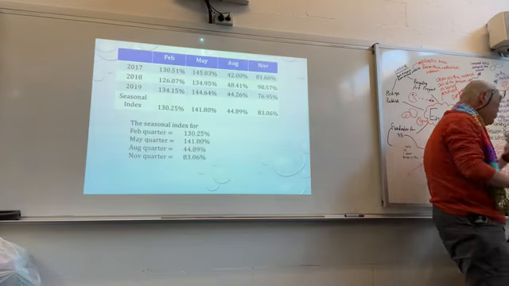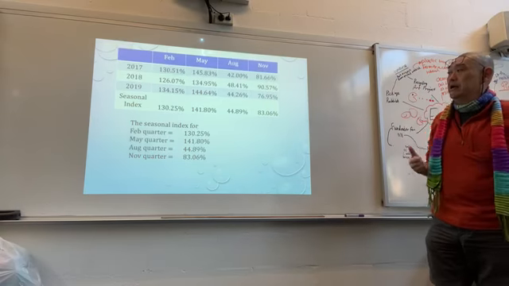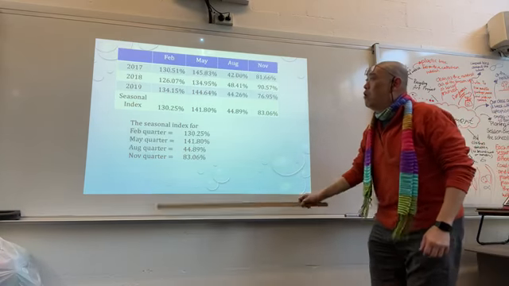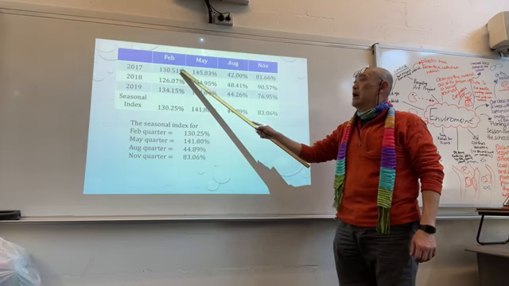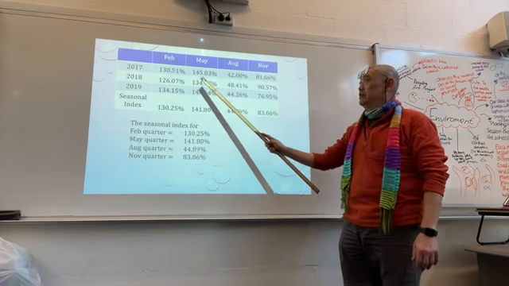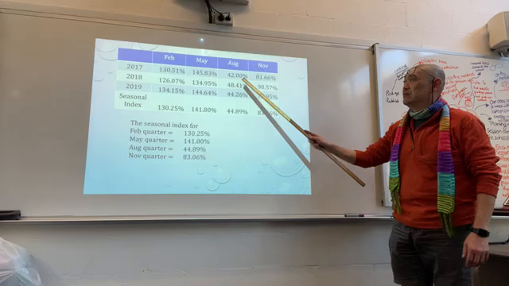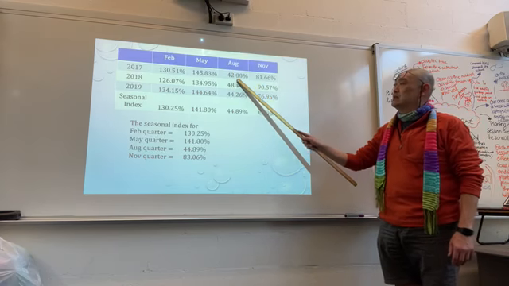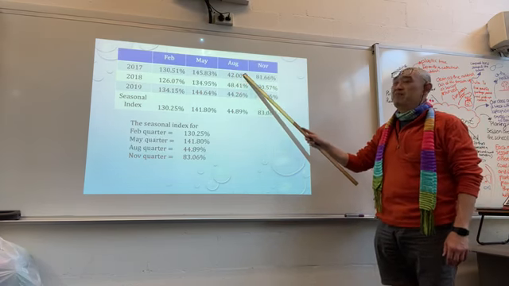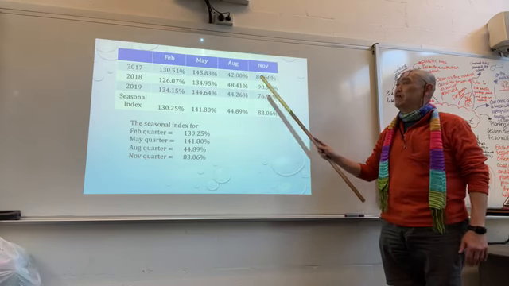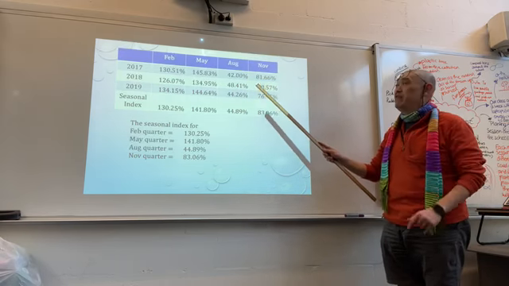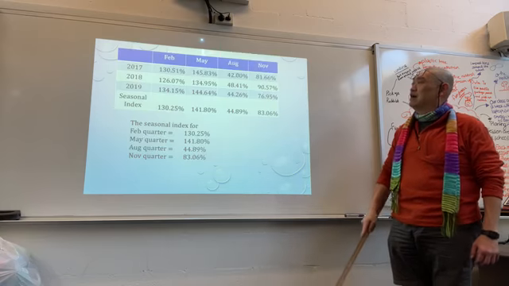Now, I'll show you how to work out the seasonal index. You know for February, this is how much sales? 30% more than the average. 45% more than the average. That is 0.58 of the average, or 58% of the average, less than the average, and this is about 20%.